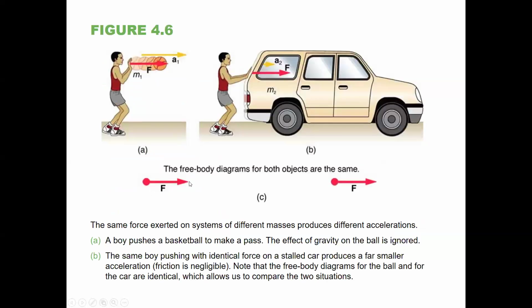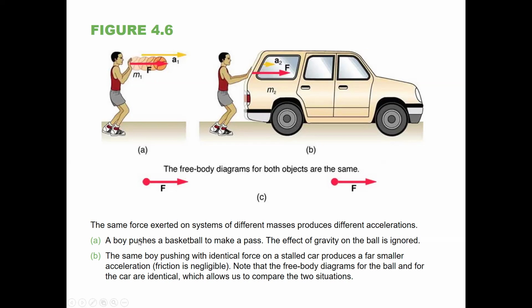Same thing here. We have the same force, as hard as you can push with your max, multiplied by an acceleration. Applying it on a basketball is going to make the basketball fly far more than the same force exerted on a stalled car, for example.